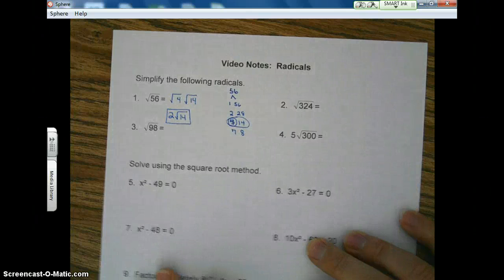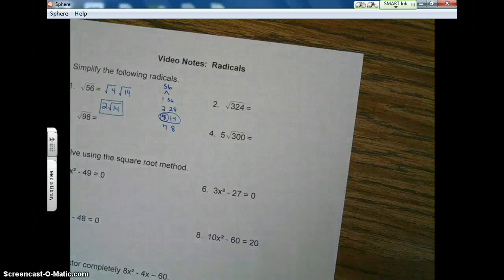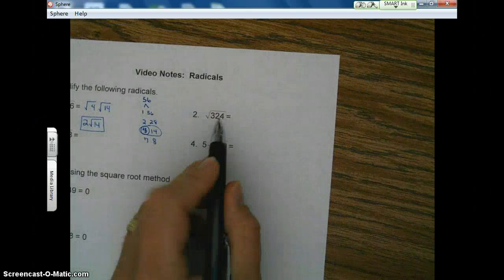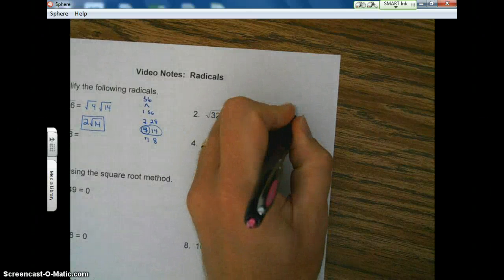Okay, let's take a look at number 2. So remember, we're looking for the factors of 324.